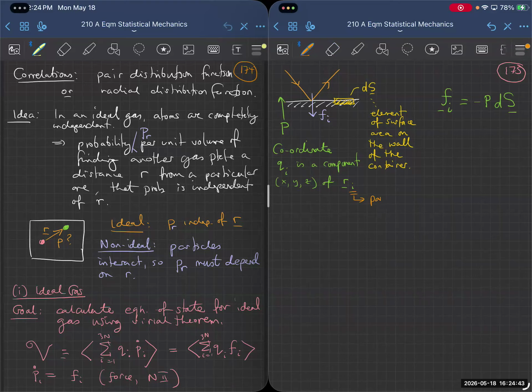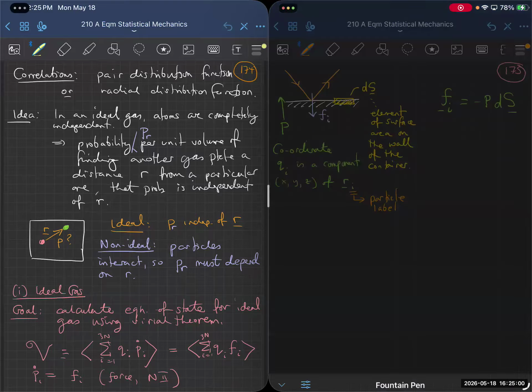So when I use the words q and p, I'm using it as one of the three components of position and momentum of particle i. I didn't specify that super clearly, but I want to make sure you know that.